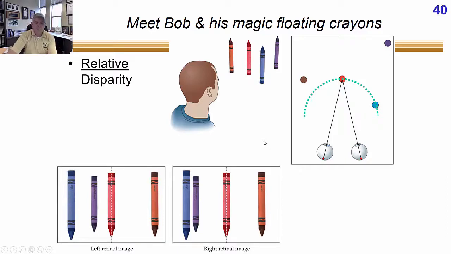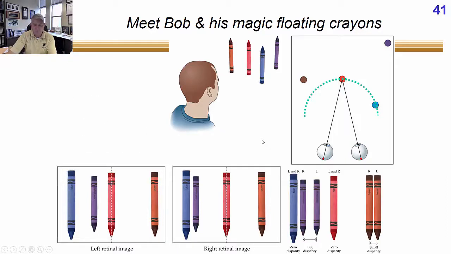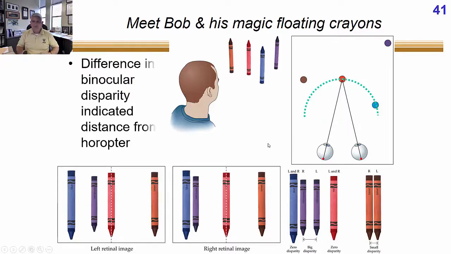So if we're to superimpose the left and the right image into one, right, we can see that there's a greater difference in disparity for the purple than there is for the brown. That means the brown is closer to the horopter and the purple is further away. The greater the relative disparity between the two eyes, the further away from our plane of focus. Right?